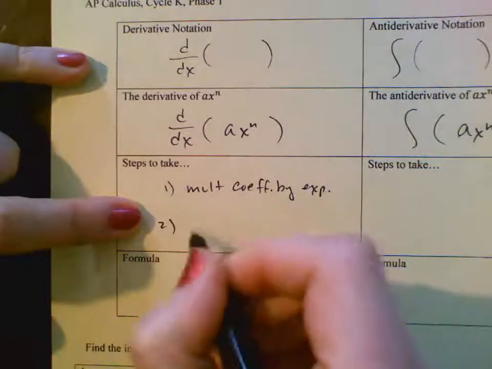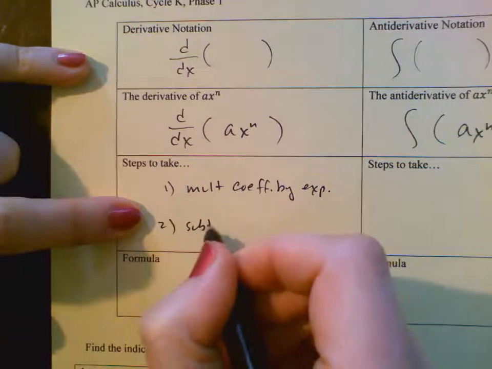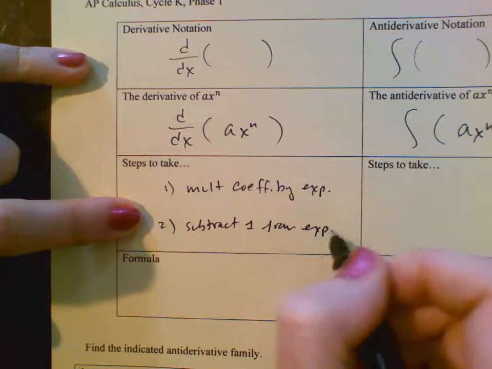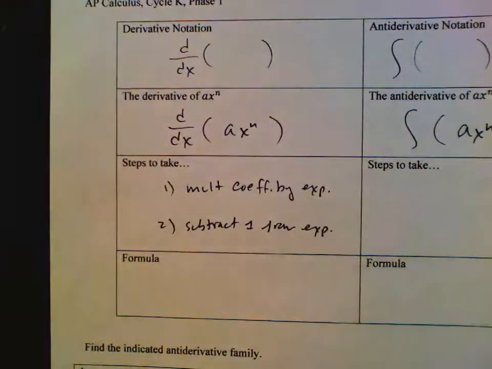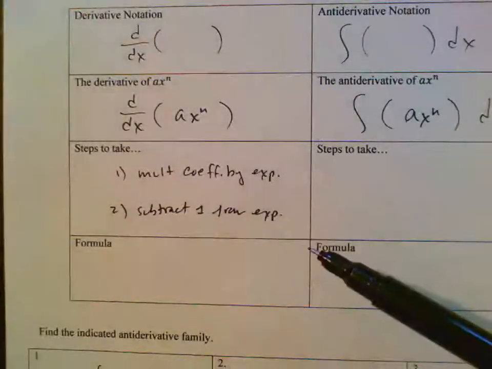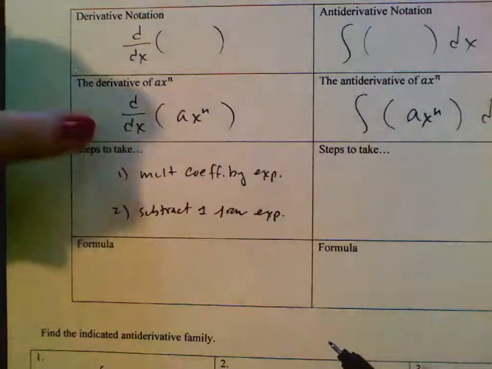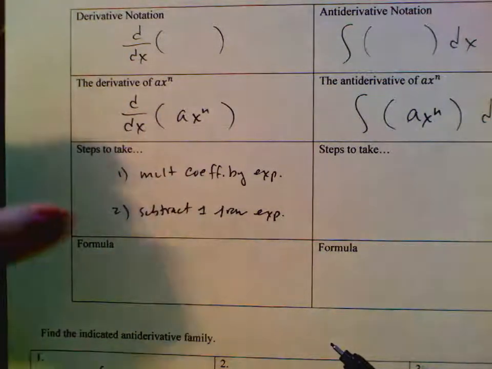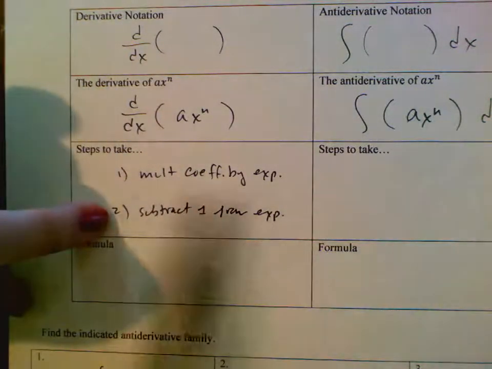And then you subtract 1 from the exponent. The reason I wrote this out is because to do the antiderivative, we just have to reverse this.